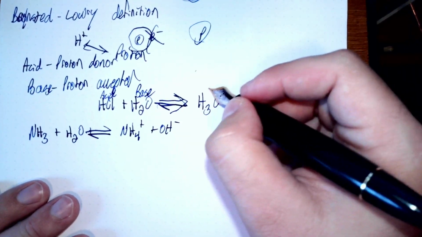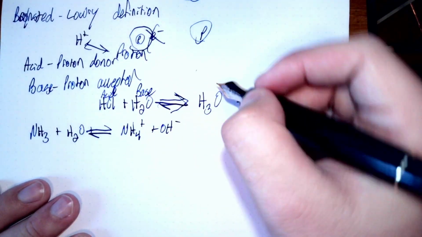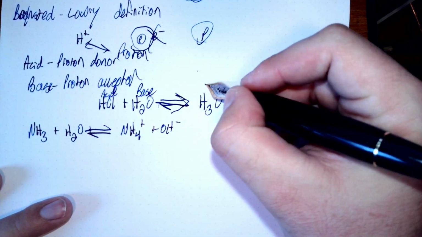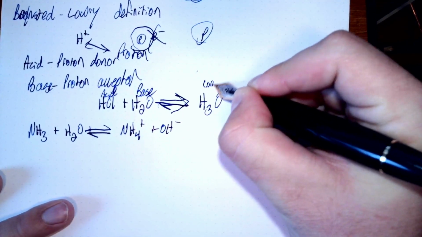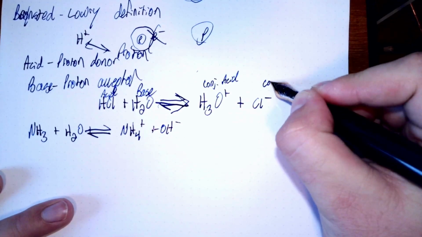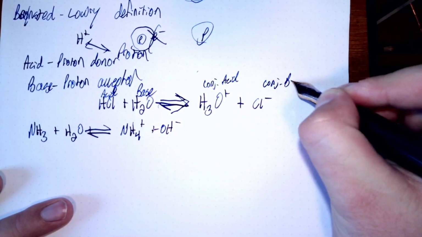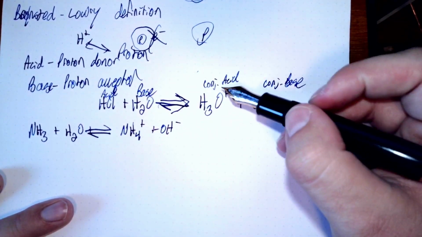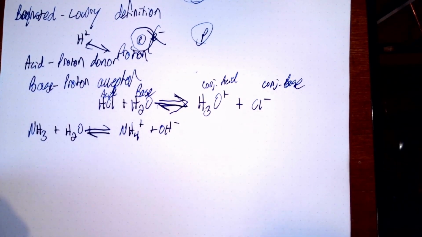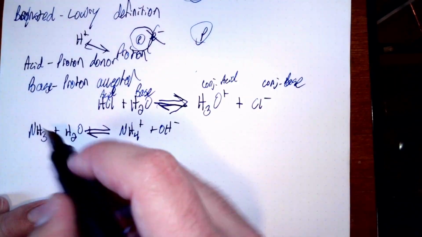As a result of that, after this interaction happens, we call this our conjugate acid. This is our conjugate base. Our conjugate acid is the thing that has accepted the proton. Our conjugate base is what's left after we've given up the proton.